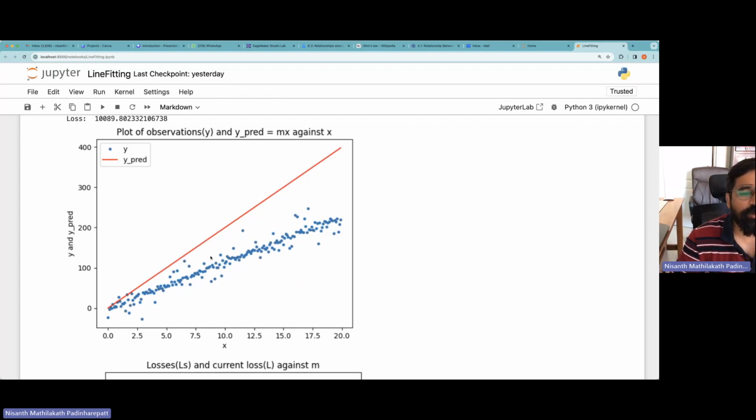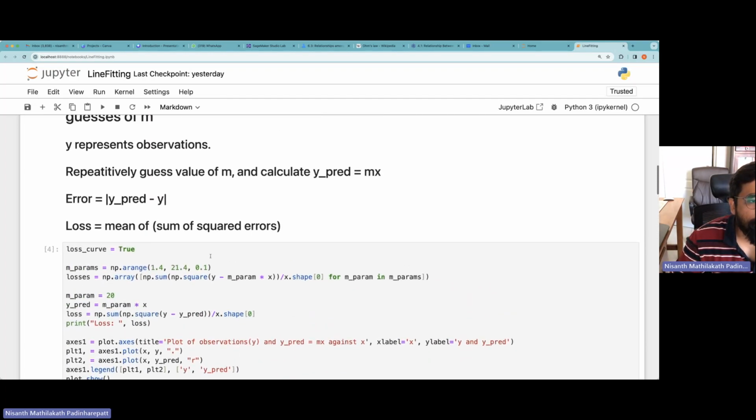We saw that in the earlier drawing on the screen, right? Then we calculate y pred minus y, and loss is the sum of those errors. You can think of it like that. In this case, I've taken the square of the errors and summed it up, and then averaged the loss. Averaging means I sum the squared errors and divide by the number of observations. That's how I arrived at the loss.